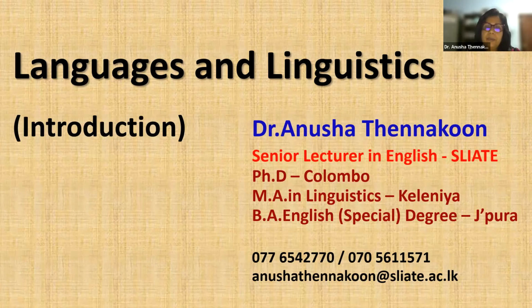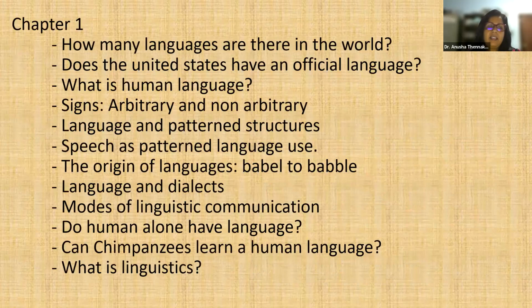These are the topics under chapter 1 actually. Out of these topics, some of the topics we completed last week. For example, how many languages are there in the world? Does the United States have an official language?